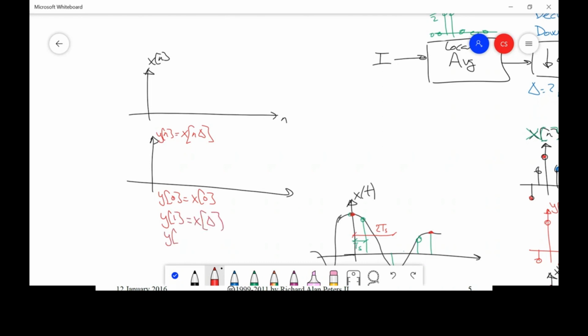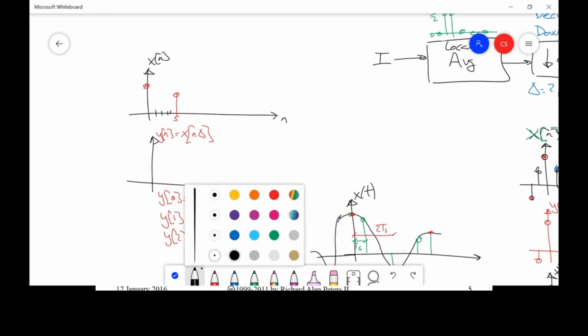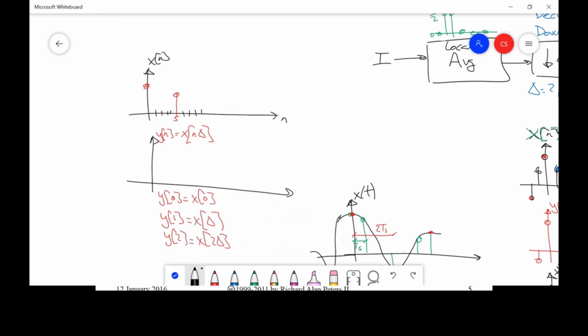What is y of 2? y of 2 is x of 2 delta. So I'm taking this sample here. Let's say that delta is equal to 5. So now I'm taking this sample also, this is 5. Then I'm taking the next one, that is at 10, and so on. So this is for delta equal to 5.